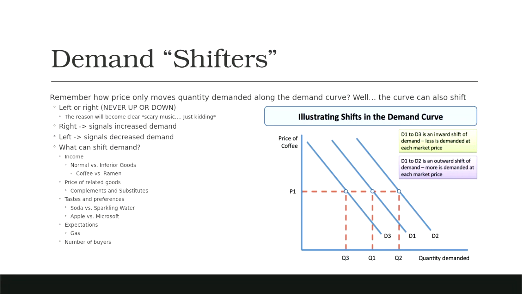If you notice, if we have a rightward shift in demand, we go over to D2. This is a rightward shift. Notice, why? Because this demand curve is right of the original demand curve. Notice that at the same price, this Q2 is greater than Q1. How can we tell? Because it's further away from here. So this point here is 0. The further away you get from 0, the higher the number is.